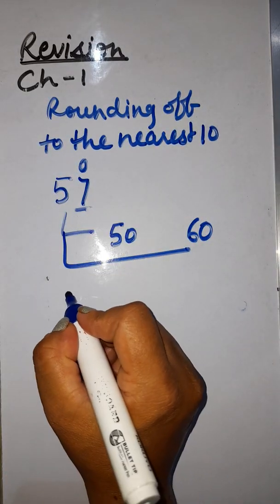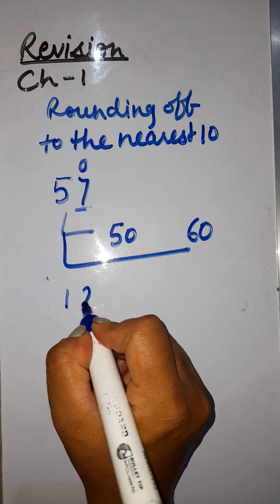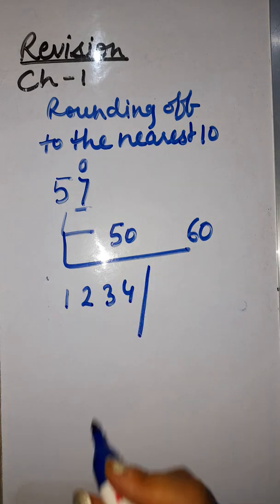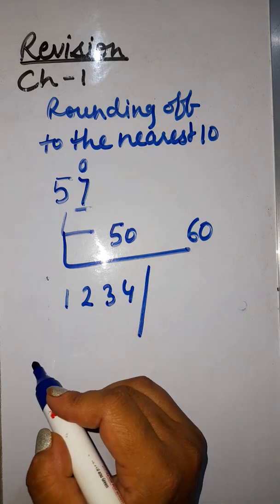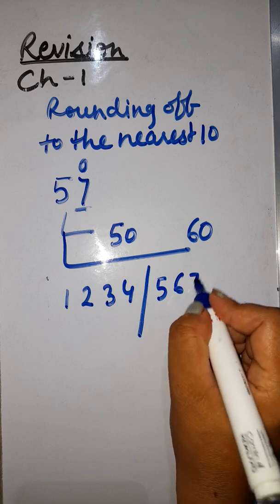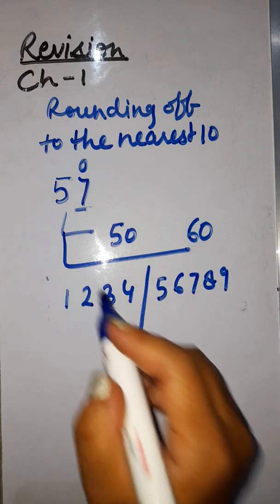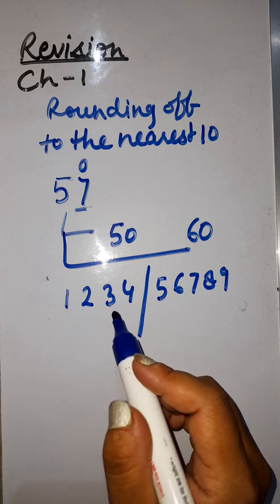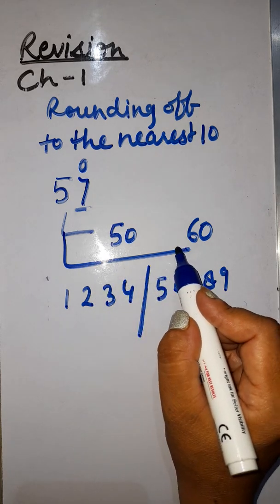If the ones place is 1, 2, 3 or 4, it goes to the round down. And if the number is in between 5, 6, 7, 8, 9, the number goes up.